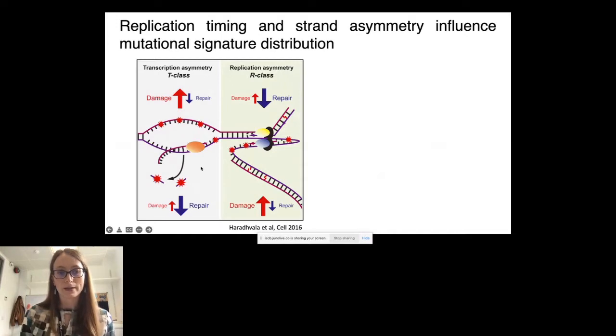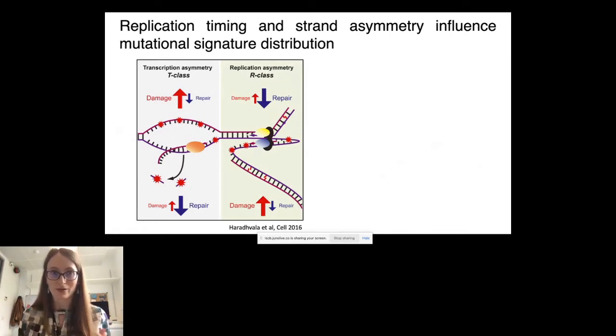So we know that there are certain key processes that happen during the cell cycle, and cancer cells divide all the time, so you have these processes happening all the time, or during protein production, transcription, translation, that really affect the way mutations will be distributed in the genome, accumulated, and also repaired.